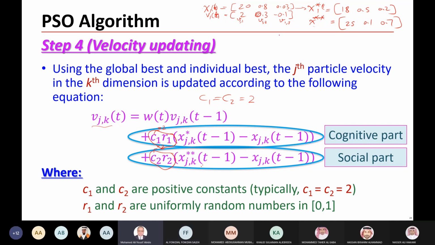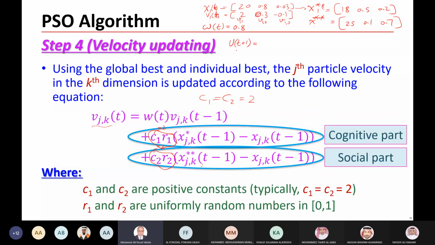So what we will do is the following. Assuming that omega of t equals, for example, 0.8 or whatever. So v of t plus 1, the next iteration. Yes, next iteration.